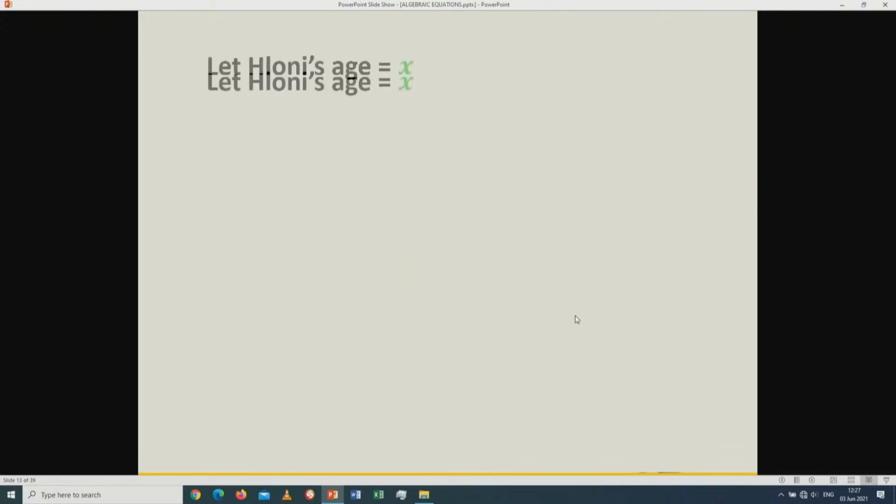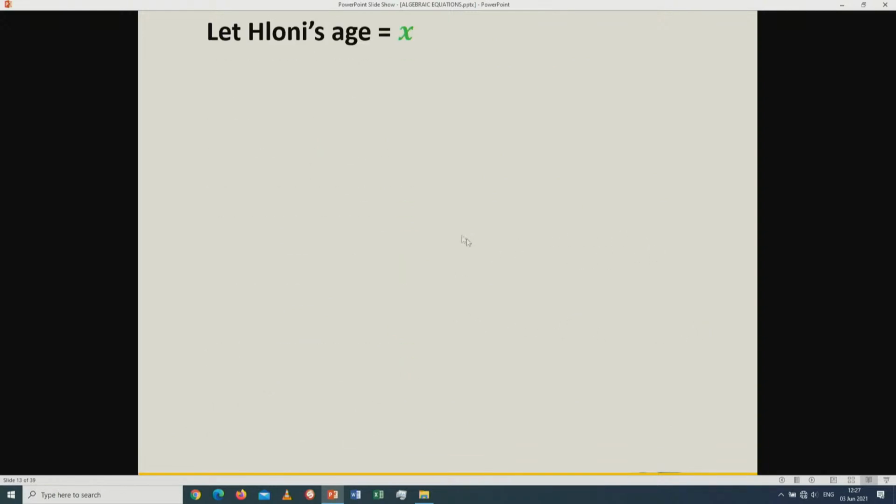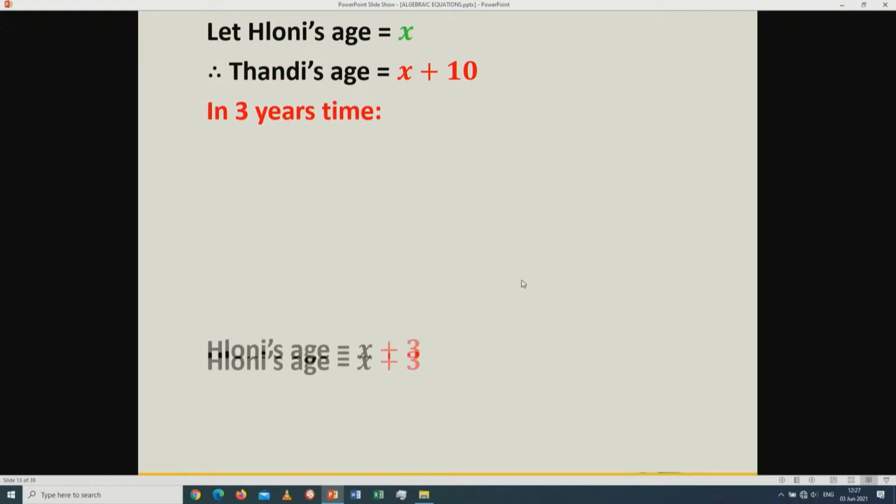Like I've indicated, you can also let Hloni's age be x. If Hloni's age is x, Thandi's age will be x plus 10, because Thandi is older than Hloni by 10. In 3 years' time, Hloni's age is x plus 3.